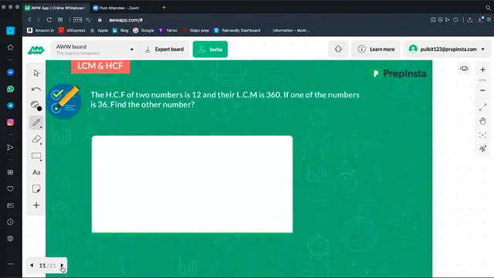All right. So the question says the HCF of two numbers is 12. The LCM is 360. One of the numbers is 36. Find the other.